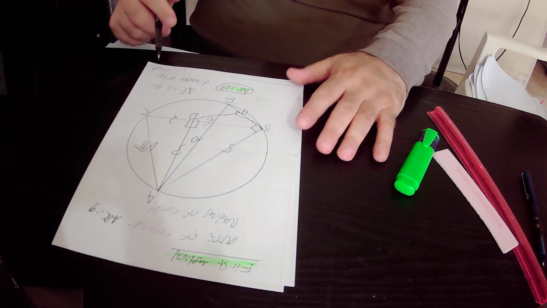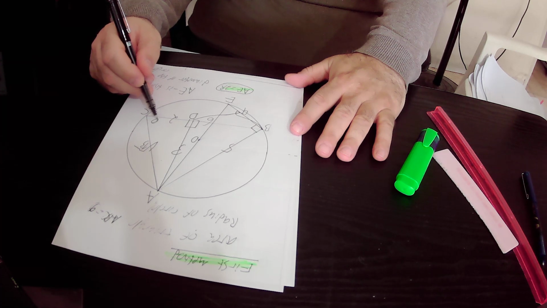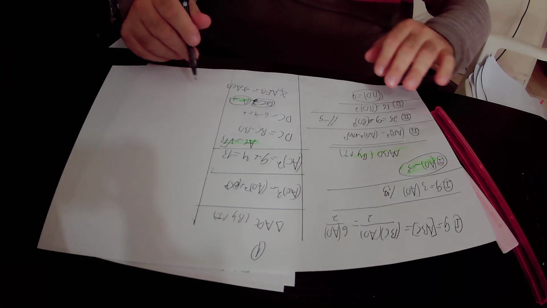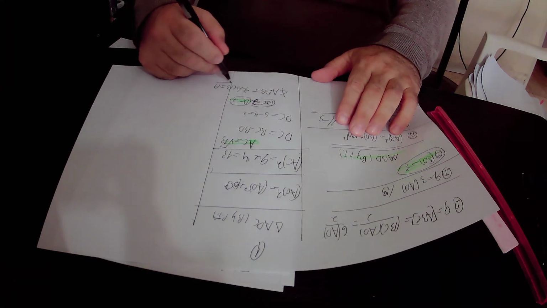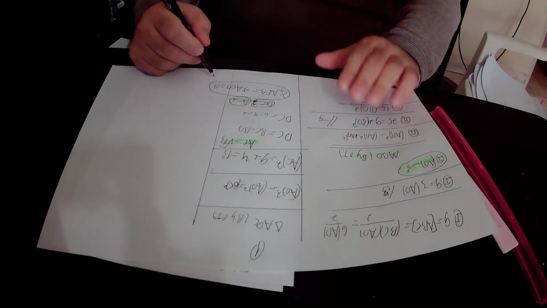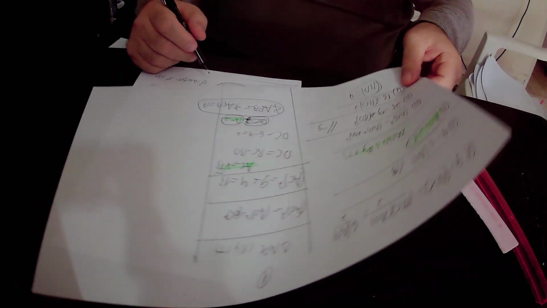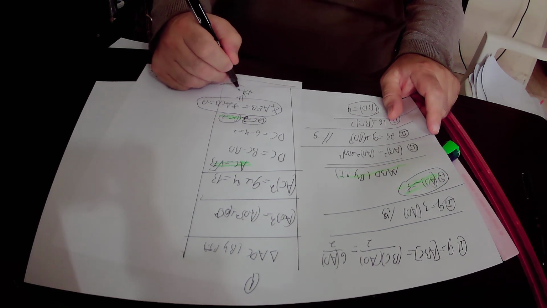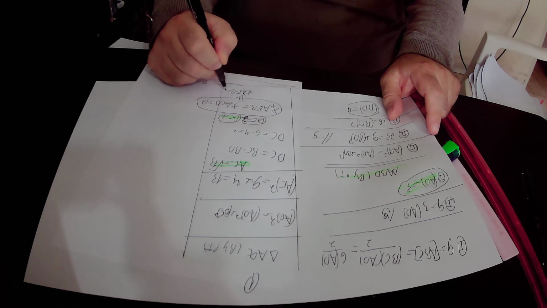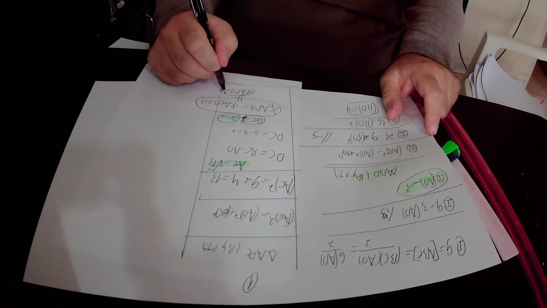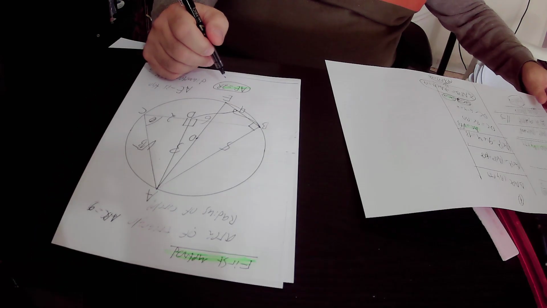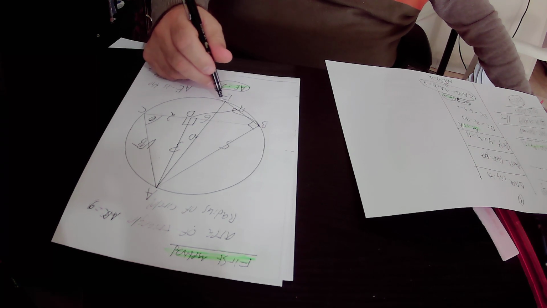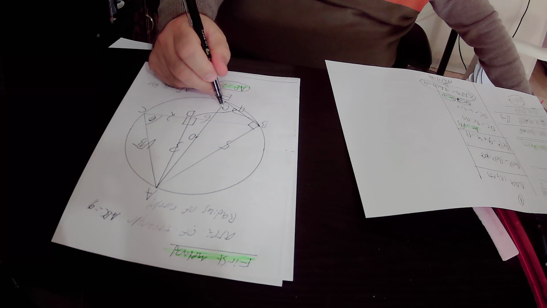So if we define angle ACB as theta, then from this equation, angle AEB equals angle ACB equals theta, we derive that angle AEB also equals theta.